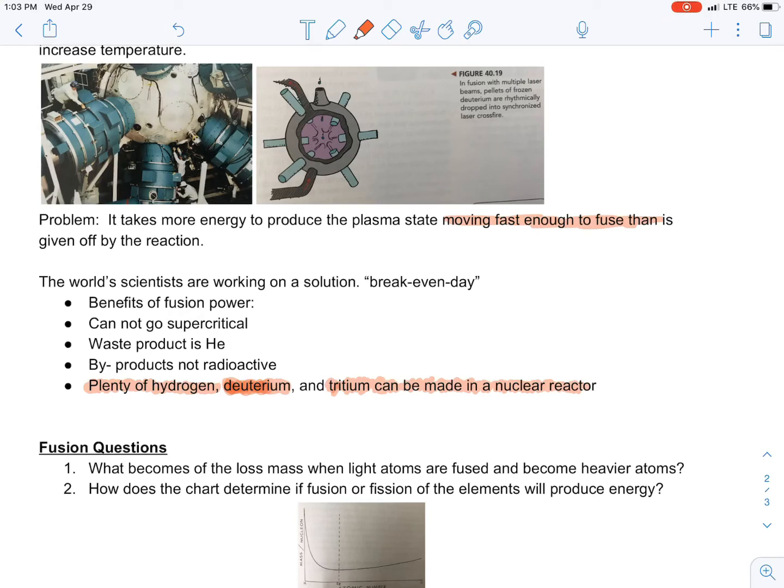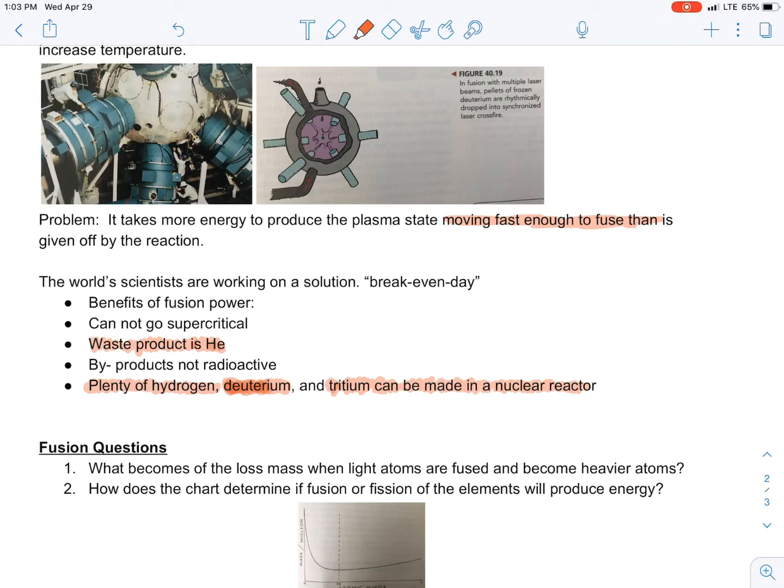So there will be plenty of fuel, and the byproduct is only helium. So there's nothing that's radioactive. Maybe in the core it would be radioactive for a short period of time, but that's not very much, and it's not like it's going to be an extra lot of fuel, right?